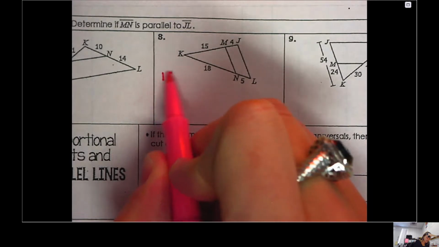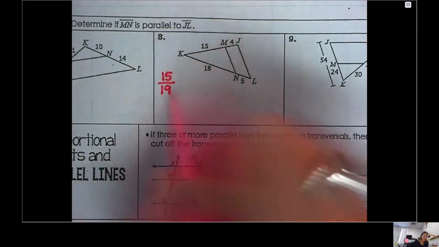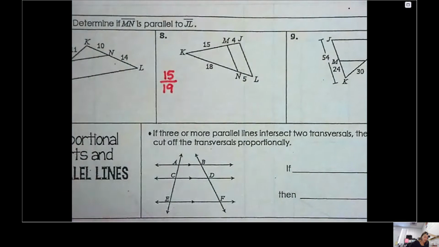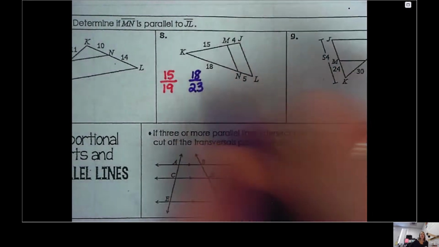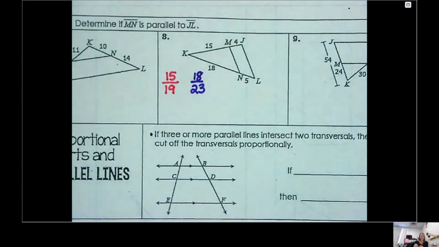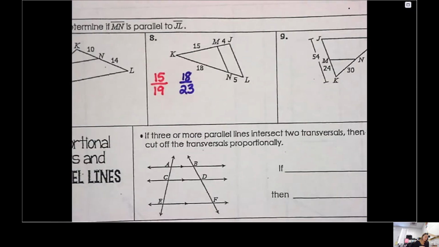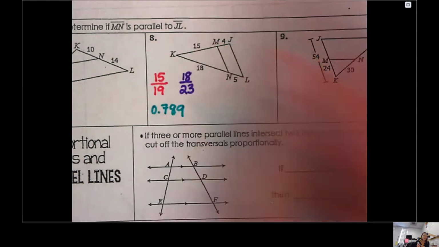15 over 19 and 18 over 23. Okay, beautiful. So you can do piece to piece or you can do piece to whole, which is what they just did, piece to whole. Okay, all we got to do is divide. That's it. We just got to divide and see if they're the same or if they are different. So 15 divided by 19 gives me 0.789.